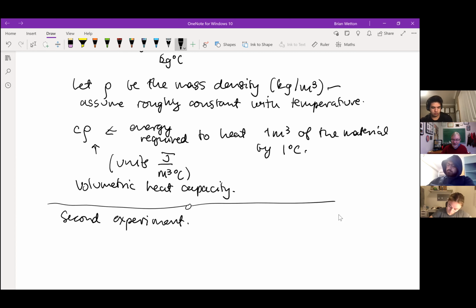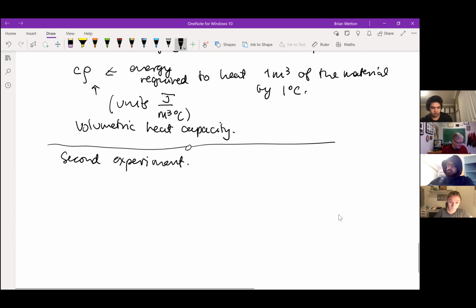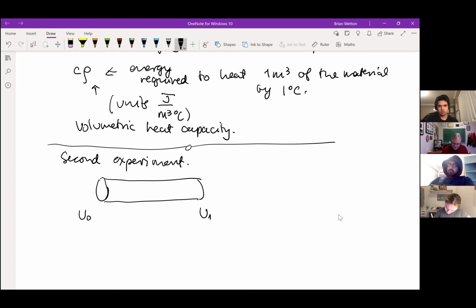This is about heat flux. I'm going to have a piece of the material with a constant cross section, and I'm going to maintain a temperature at the two ends that's different.